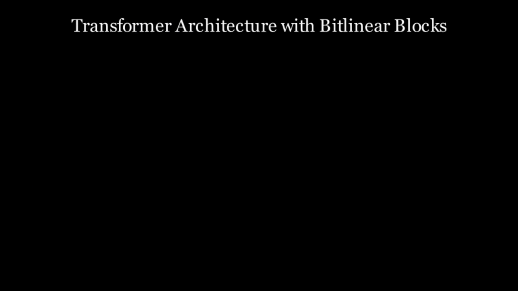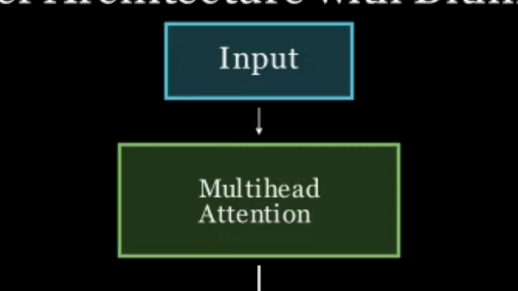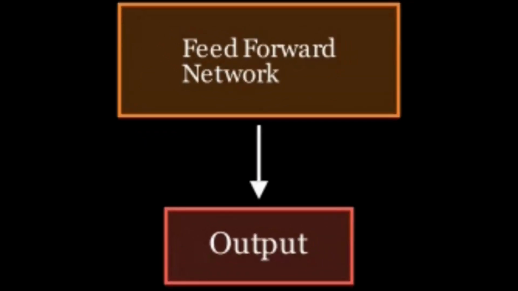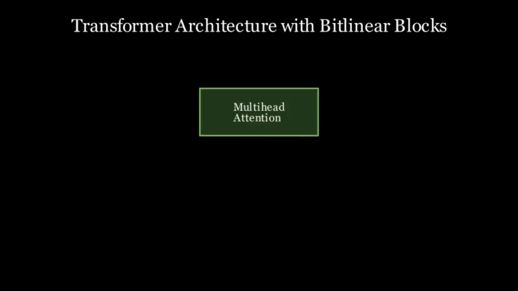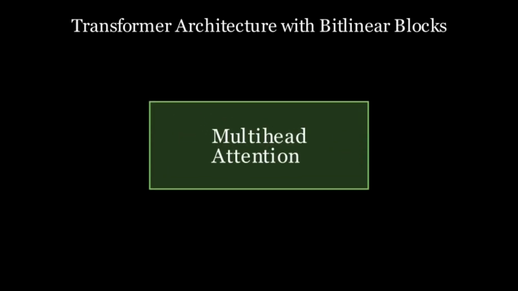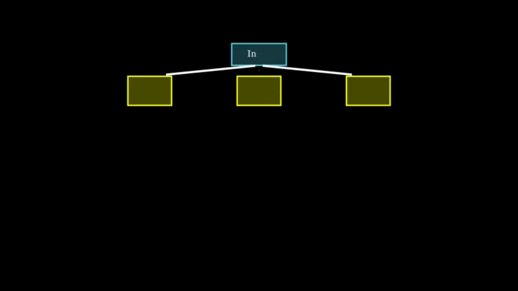So now we'll do the bit linear replacement. In the transformers architecture, there are two high level blocks. Input goes through a multi-head attention part, and the output of the multi-head attention goes through a feed-forward network part to get to the final output. If we expand the multi-head part, the same input is fed to 3 blocks: query, key and values.